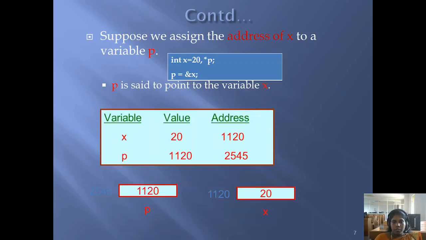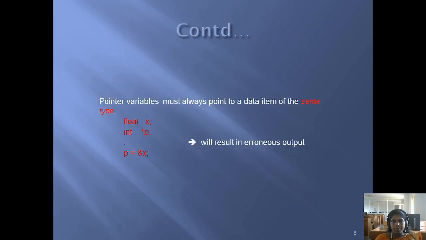Now you see the variable name, value and address. The variable name x has the value 20 at address 1120, and the variable p has the value 1120. So whatever the address of x is, it is stored as the value of p. P itself can have some memory address.